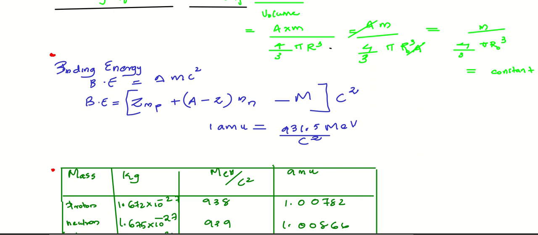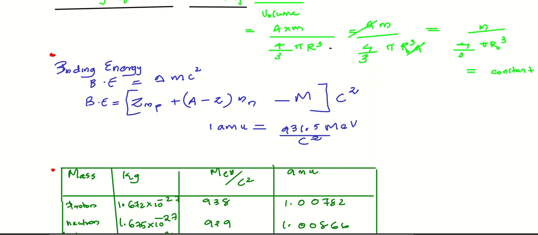So that is the mass of constituent particles minus mass of nuclide will give you delta m, the mass defect, into c square will give binding energy. So binding energy is equal to Z M P plus A minus Z into Mn minus M into C square.